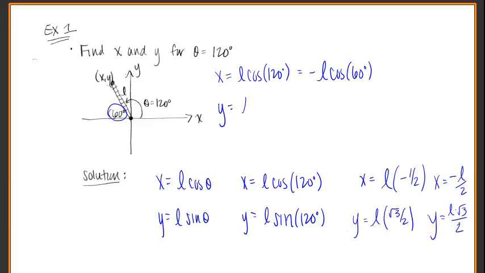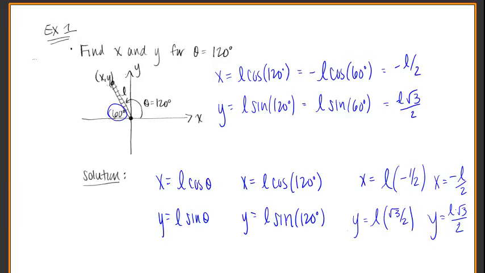And y is equal to L sine of 120. Well, the reference to that would be L sine of 60, and this one's positive because your y value is up in quadrant 2. That would get you the exact same answer. Of course, it's negative L over 2 there, and L square root of 3 over 2 right there.